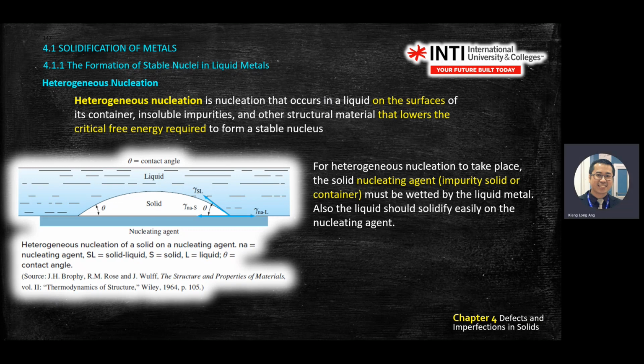So heterogeneous means there's an alien body or a different body, which can be the container, an impurity, or other structural material. Then it forms nucleation. Let's say there's a container surface, then it will start to form solid in this way. Then there are some parameters used to define the process.